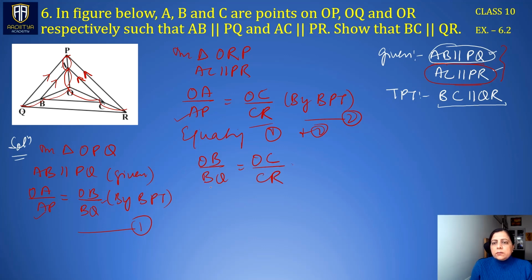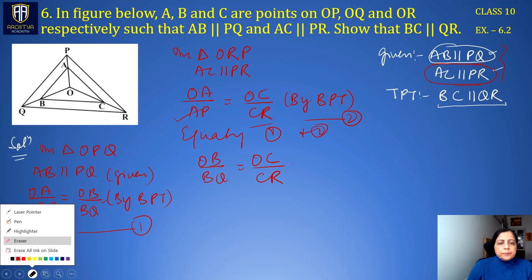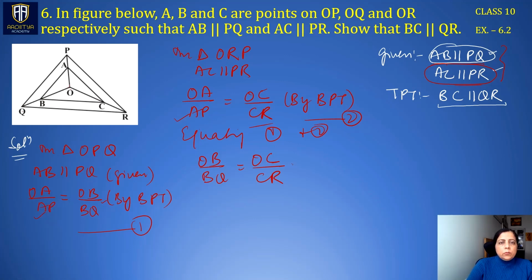Now look for these ratios in the figure. Let me erase this. Okay. This is OB upon BQ is equal to OC upon CR, right? Now what can we say about this? Let this be the triangle that we are concerned with, OQR. Let this be equation 3.